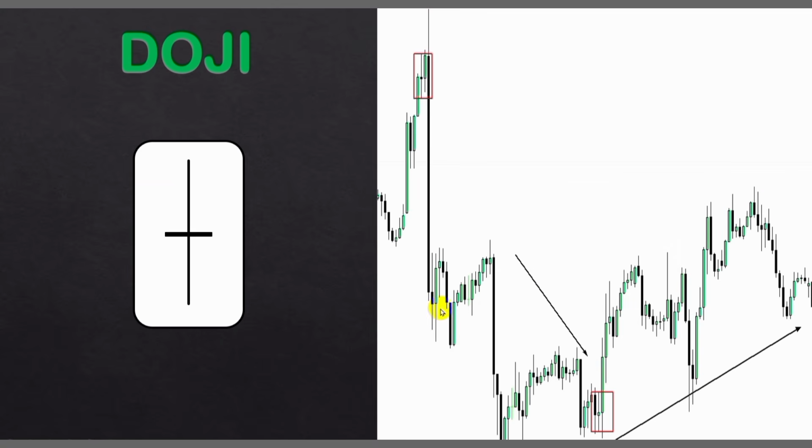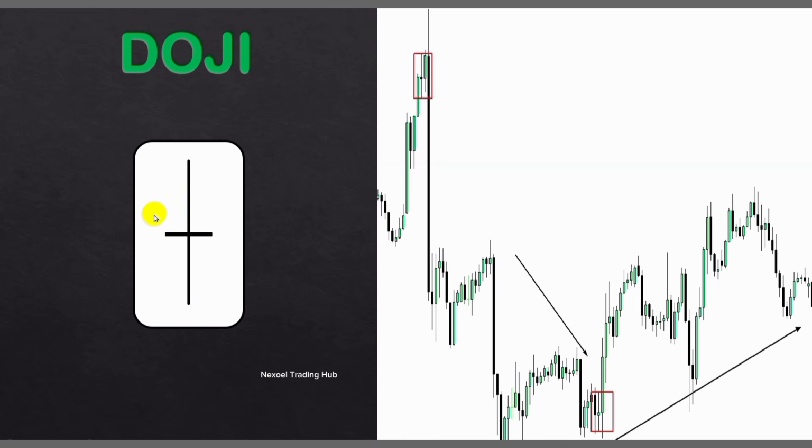Now, the next candlestick pattern we're going to pay attention to is the doji candlestick. This is an indecision form of a candlestick, meaning it is trying to show us equal volume of sellers and buyers in the market.